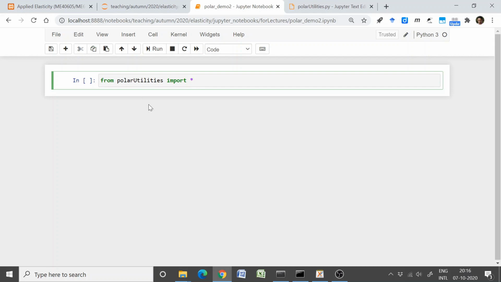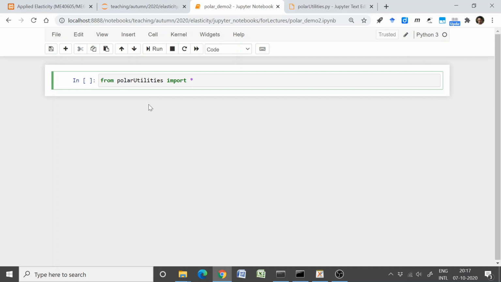Earlier, when we were importing Symbolic Python, we had imported it as import SymPy as sim. We might as well have imported that as from SymPy import star. This import star basically means that I am importing everything within that package, Symbolic Python, into the current file. That's exactly what I want to do here.